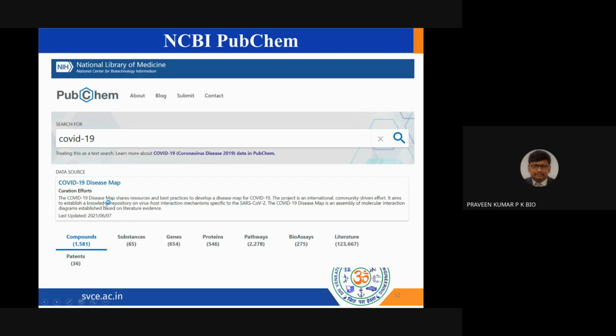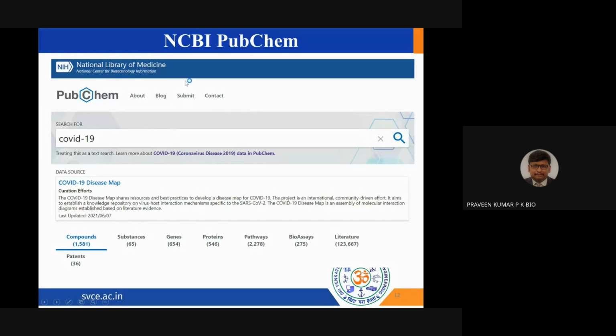Whatever I am explaining, taking compounds from a keyword like a disease name, or you can even type a compound name in the search. If any specific compounds, like turmeric compounds or neem compounds, are also treating COVID-19, type the compound name and you can find the structures of the compound also.